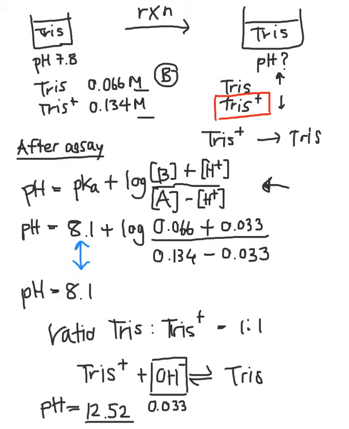You can notice that if you have the buffer present, the pH is just 8.1, but without the buffer, the pH will dramatically rise to 12.52. And that is how we solve number 41 here.